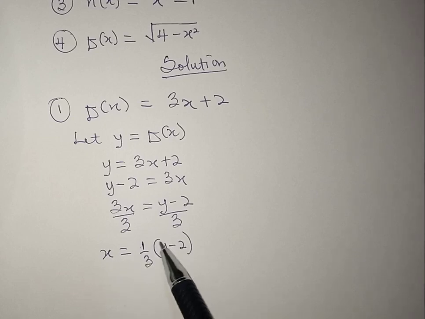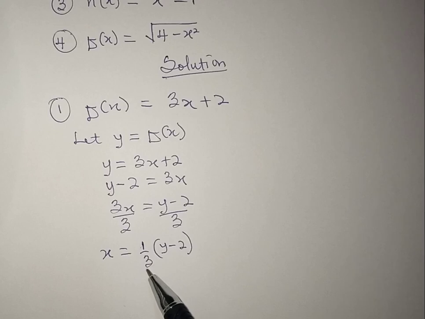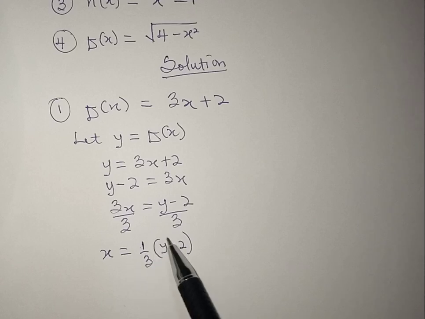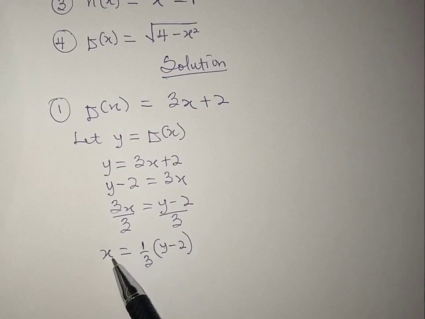If that is the case, then we can send our mind back to what we did in the domain. In the domain, we looked at polynomial functions, we looked at radical, rational functions, and all that. Looking at this example here, since we are seeing that every real number we put in place of y, x is going to be defined, then we can say that this is a polynomial function.